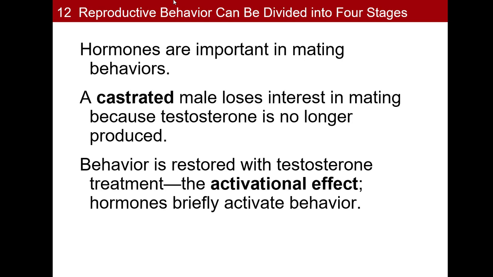Okay, now, when we're talking about reproductive behaviors, we know that hormones are important. And we'll talk a little bit about hormones in females, but a lot of the research on the importance of hormones in reproduction is focused on males.